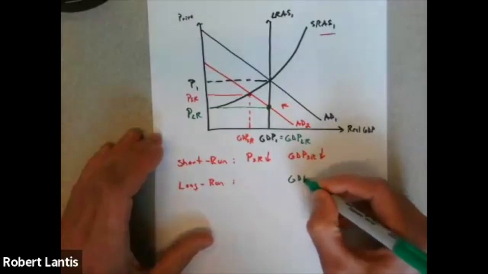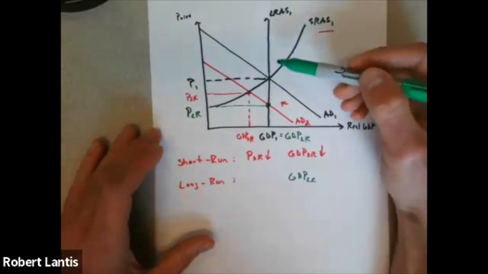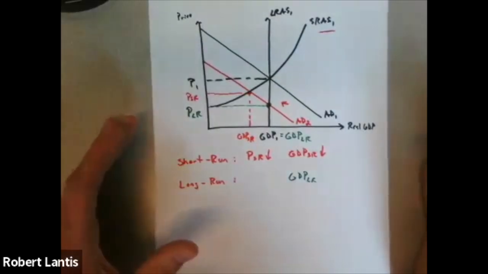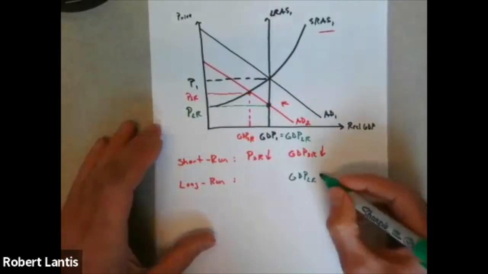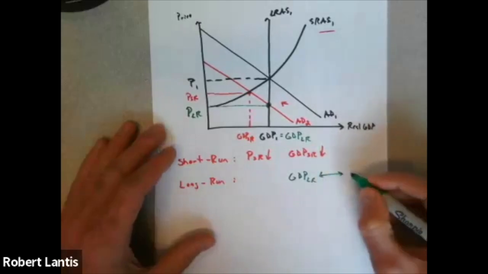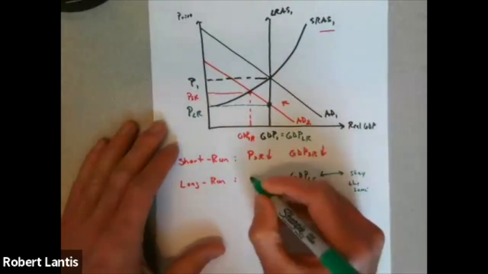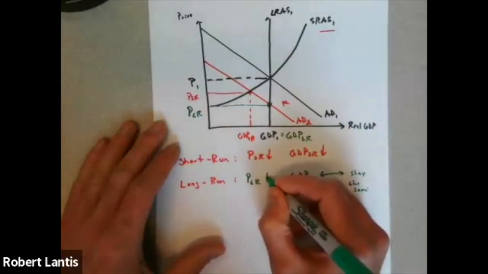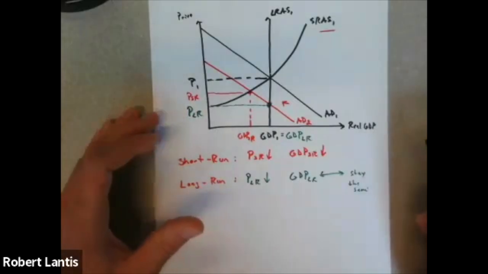So the only thing that changes long run GDP, once again, are any changes in potential. So I would have to have something that shifts my long run aggregate supply in order to see that long run GDP change at all. So here we would say that this would stay the same. Now in the long run, my price also decreases, right? But it's decreasing by even more.